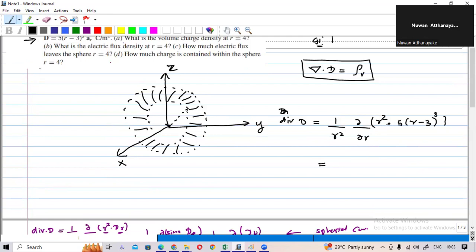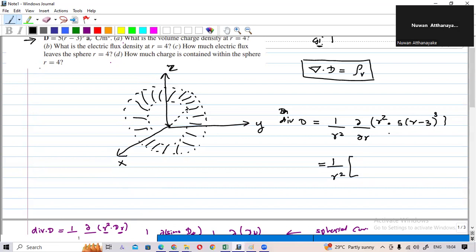Maybe one way is you can expand this and multiply and evaluate. I can't remember the expansion of this term, so I will do it as a multiplication. So 1 over r square is there.